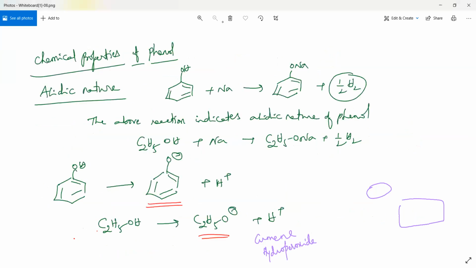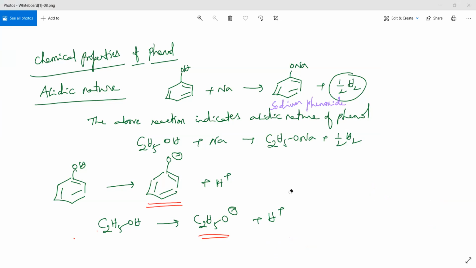Next, chemical properties. The first one, acidic nature of phenol. Phenol, when treated with sodium, gives sodium phenoxide. It is able to produce hydrogen gas when treated with sodium metal, which indicates the acidic nature of phenol.